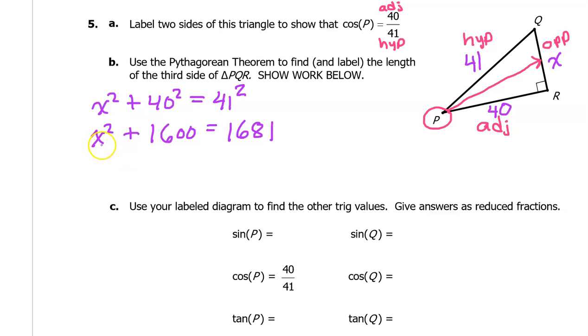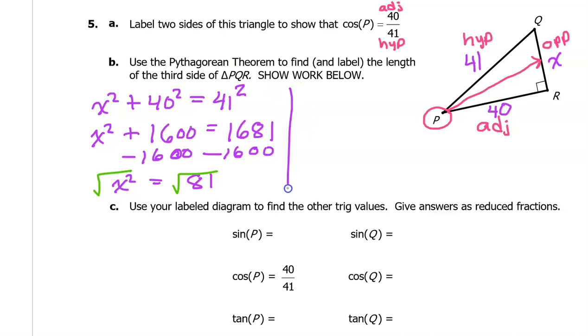So if I want to find x, I first must subtract 1,600 from both sides. And that's going to leave me with x squared is equal to 81. Then we take the square root of both sides to get x by itself. And of course, we will get x equals 9. Square root of 81 is 9. So that was our opposite side. So let's go ahead and I'm just going to erase the x and put 9.